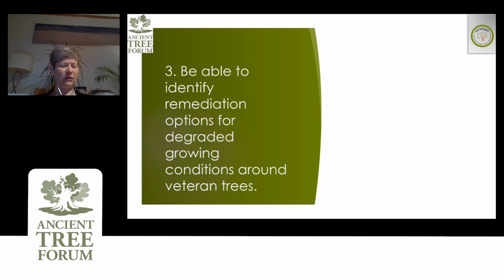So there may be various different ways in which you can do that, including avoiding the cause of the problem. So avoiding ploughing, for example, stopping any chemical treatments on the soil, setting up and identifying root protection areas, and using the standard practice for that process, so 15 times the trunk diameter or 5 metres beyond the drip line, and looking at ways in which we can improve the natural functioning of the soil.